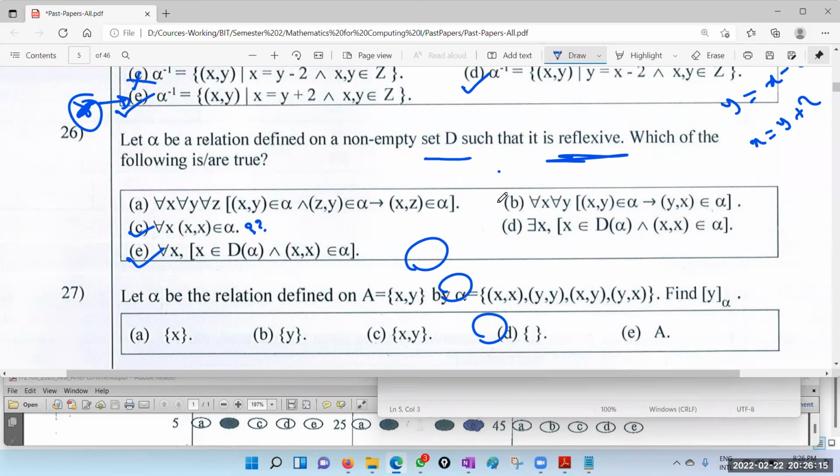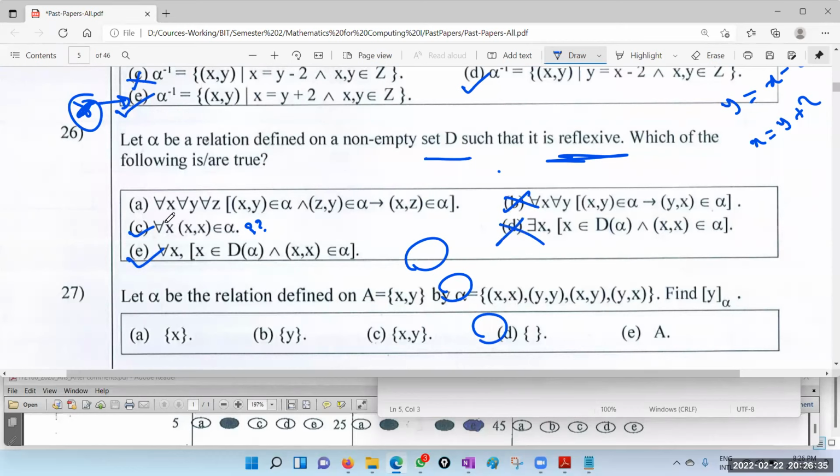So this is definitely not the answer. Exist x: for all x in the domain, it must be mapped to itself. Therefore, this is not good enough.